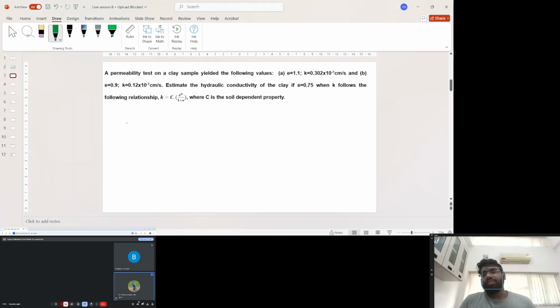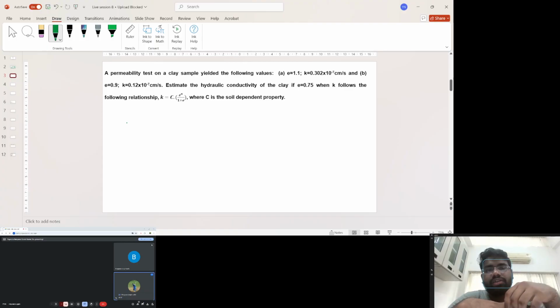Fine. So a permeability test on a clay sample yielded the following values: the void ratio is 1.1 and the hydraulic conductivity is 0.302 into 10 power minus 7 centimeter per second. And for another compaction condition, void ratio of 0.9 and hydraulic conductivity of 0.12 into 10 power minus 7 centimeter per second.